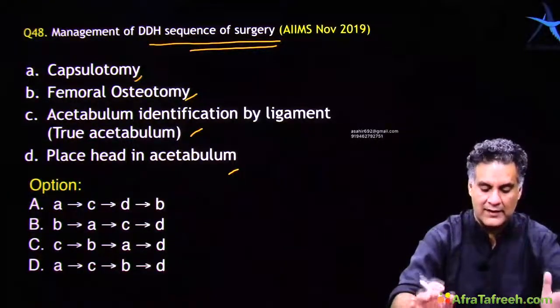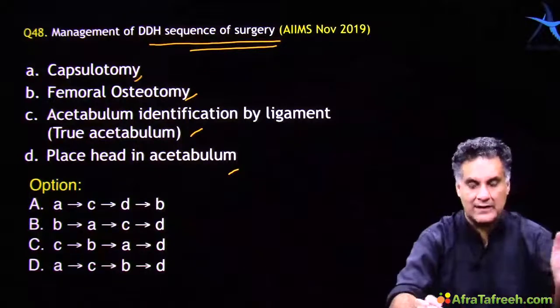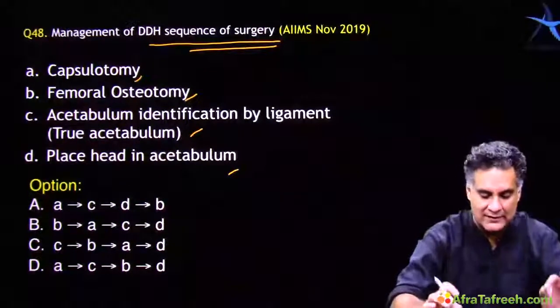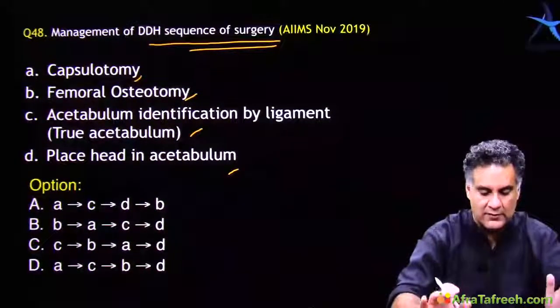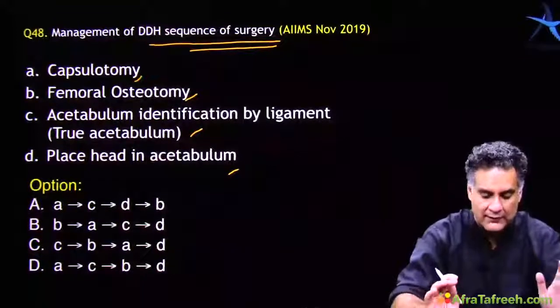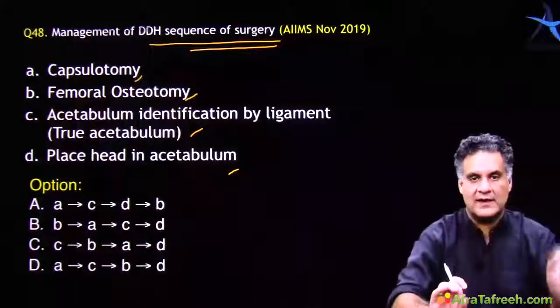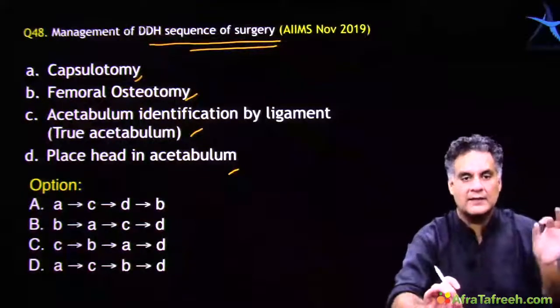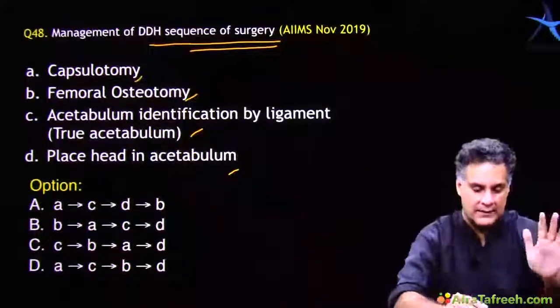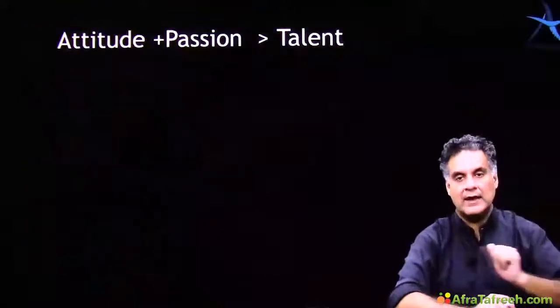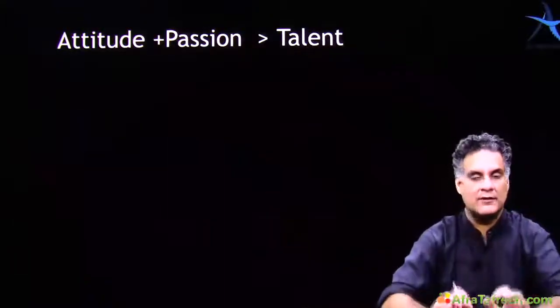Once I know where the acetabulum is, I will correct the femur and I will place it inside. So this is what should be the first thing I will do. So I have two answers here which can be selected. So first is capsulotomy A, then C, then B, then D. So answer is D.